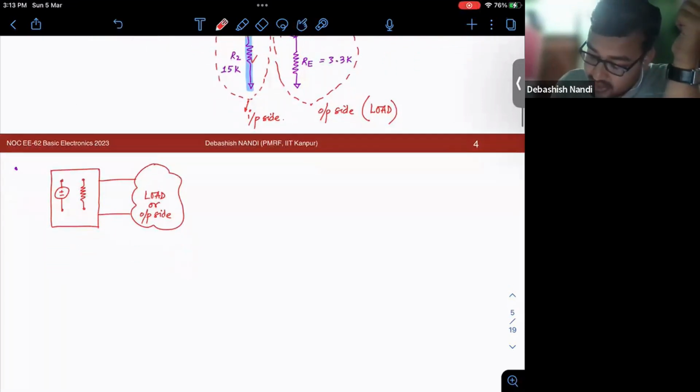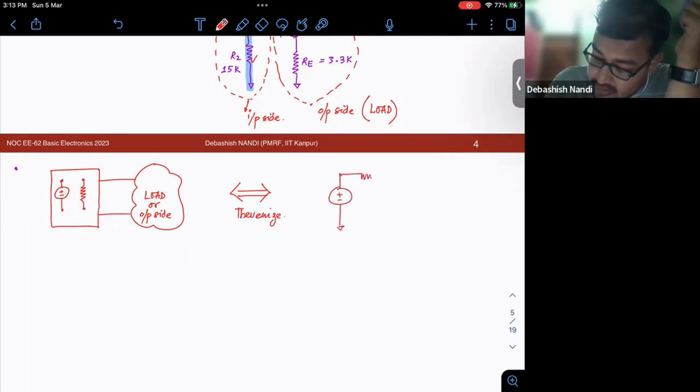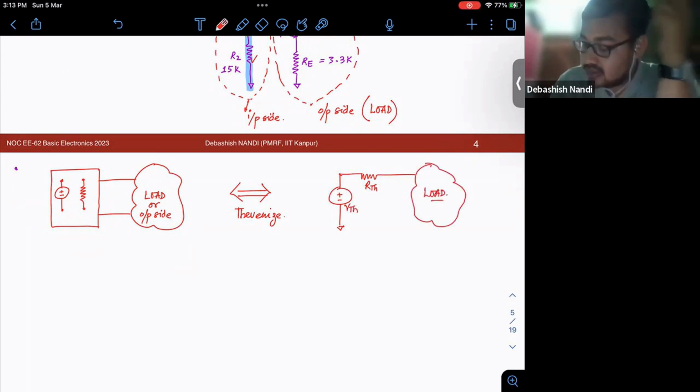So how do you simplify this? This network, you are well aware that this can be Thevenized, and this is your load, right?